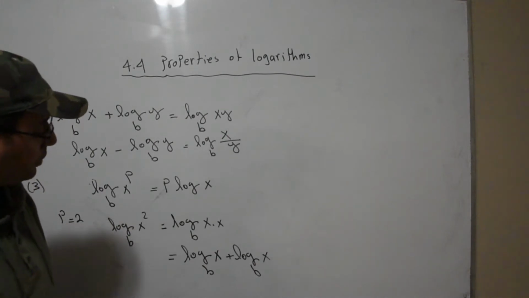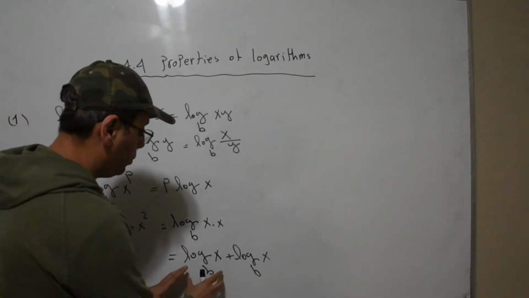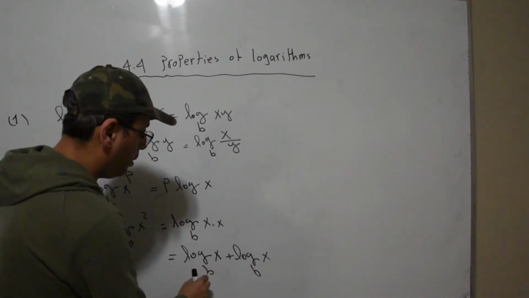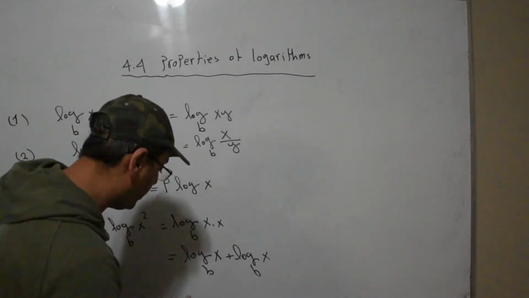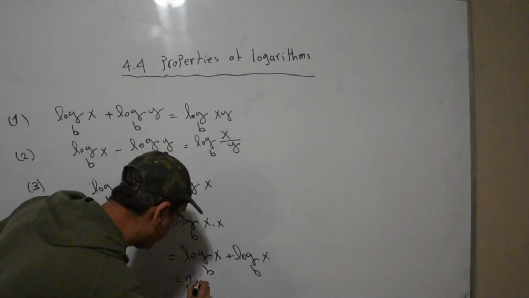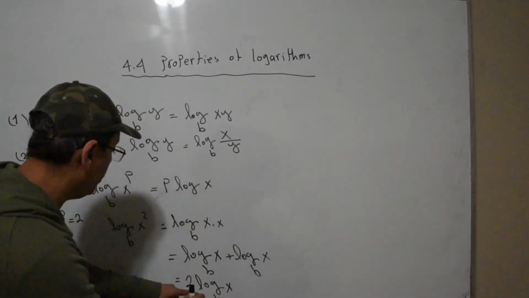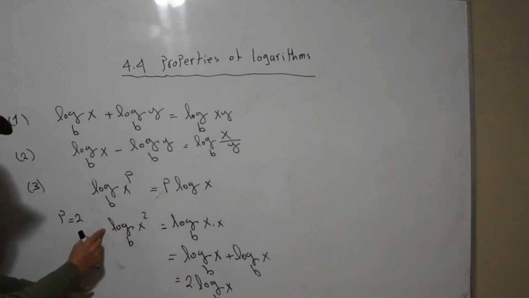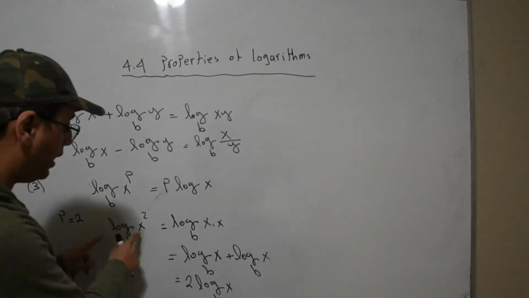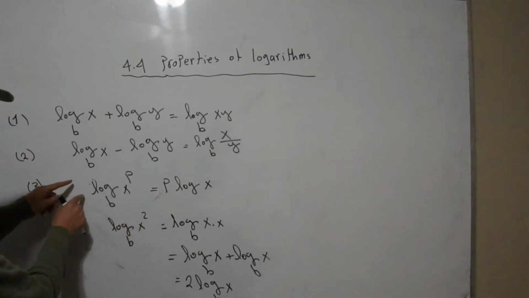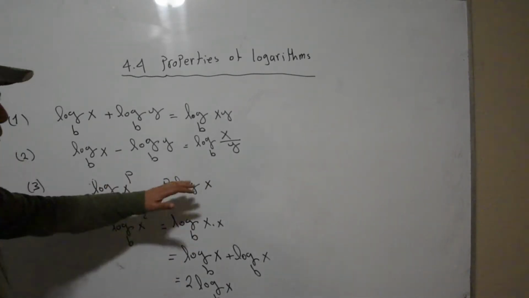Is it clear? Okay, let's combine the like terms. Suppose that this is x and this is x. So log base b of x and log base b of x, two strawberries. So I have 2 log base b of x. So you see that I moved the 2 as a coefficient of log base b of x. So this way is proving this property.